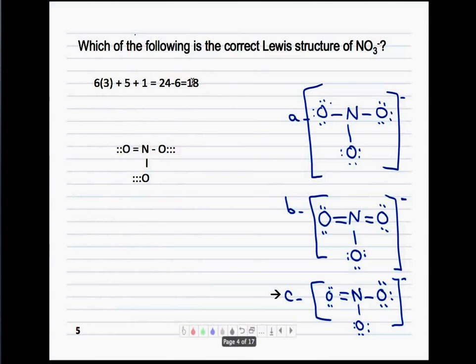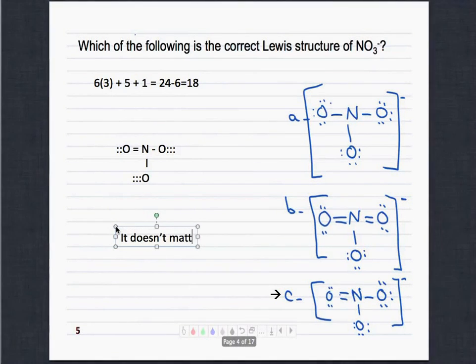I'm going to put the 18 electrons as lone pairs on the oxygens, so each is going to accommodate 6, times 3, 18 on the oxygens. Then I look, all the oxygens have the octet, but the nitrogen does not. So I'm going to move one of the lone pairs into the bonding, and with a minus.